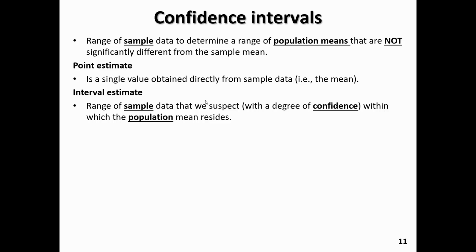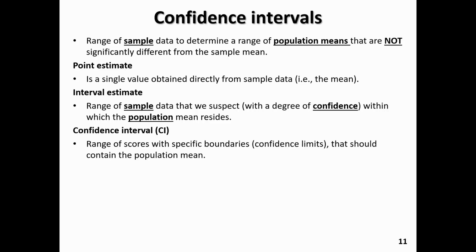But what we want to do here is use the sample data, the average, as well as the standard deviation to make a statement about the population mean and where we think the actual mean resides. And that is within what we call the confidence interval.